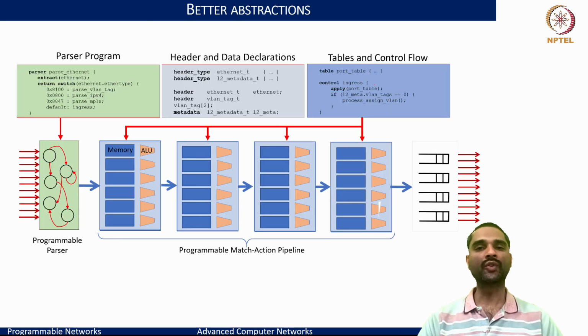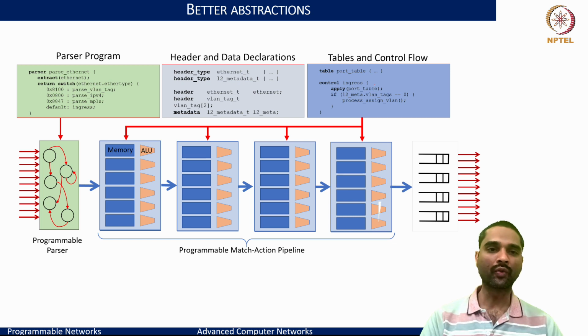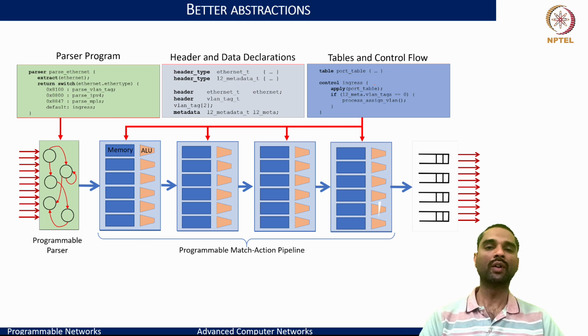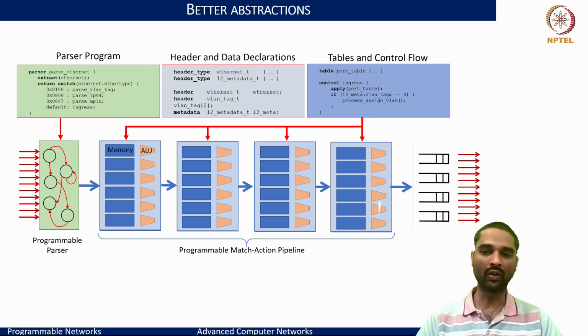So all of this calls for better abstractions that can be built for the way parsers need to be built, what headers we want to augment, and what kinds of tables and control flow we would want to dictate on each of these devices.